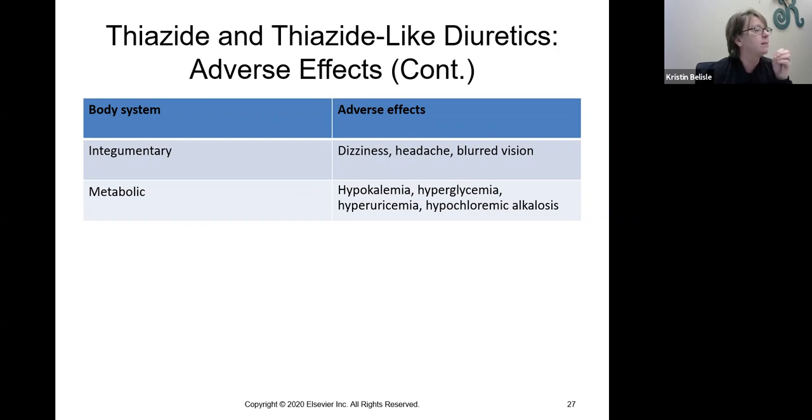They think that it has to do with the catecholamine release secondary to volume depletion. When you pull that volume off with the diuretic, it can inhibit insulin release from the body, and because of that, you can have a higher blood sugar. They think that might be what causes it. It is mainly used to treat high blood pressure.